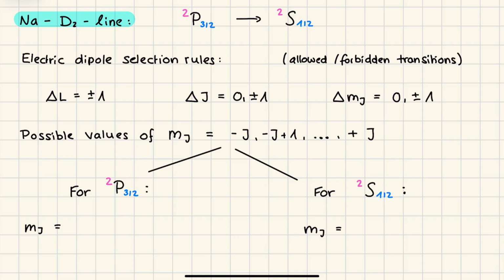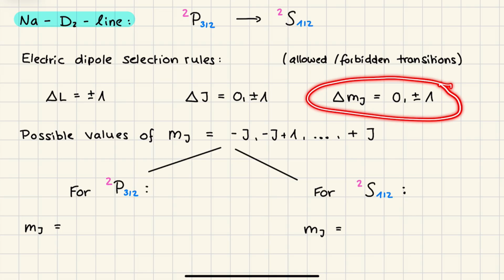The second requirement for an allowed transition is that the difference in J, so the difference in the total angular momentum quantum number, is either 0 or plus or minus 1. Here we have J equals 3/2, here we have J equals 1/2, which is a difference of minus 1, so we can tick that box as well. Now, when an external magnetic field is present, this third selection rule becomes relevant.